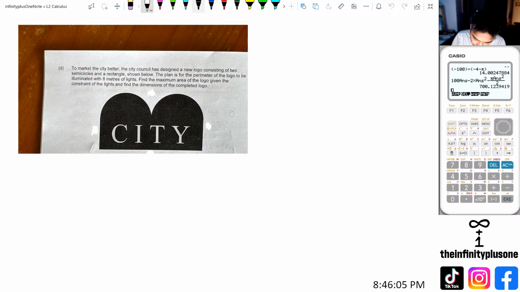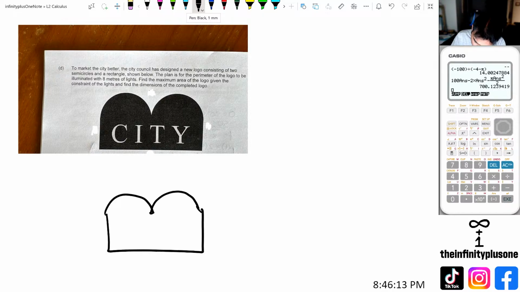So how is it 4r? Okay, let's have a look at this diagram here. If you look at it, from here to here is the radius, radius, radius, and radius.